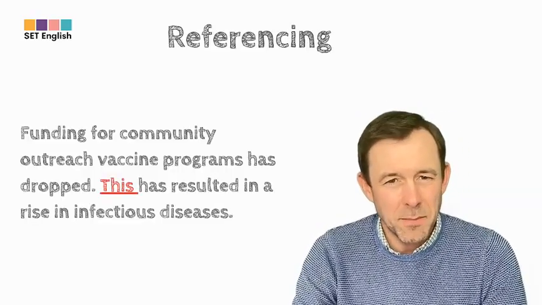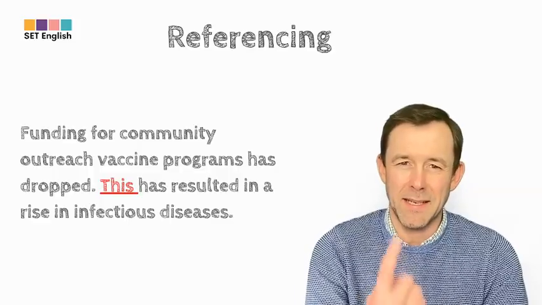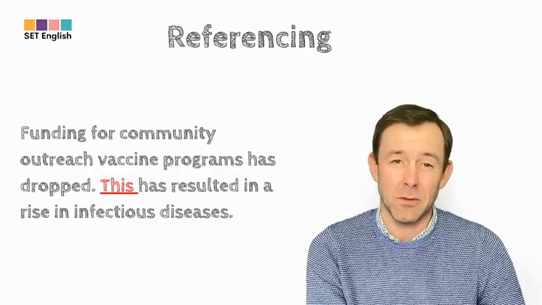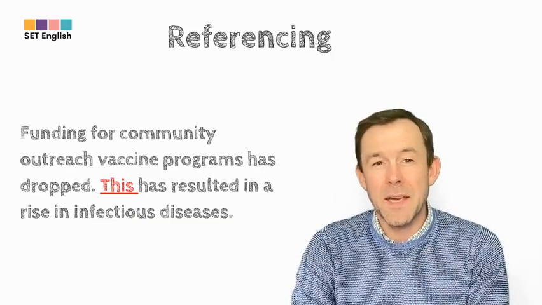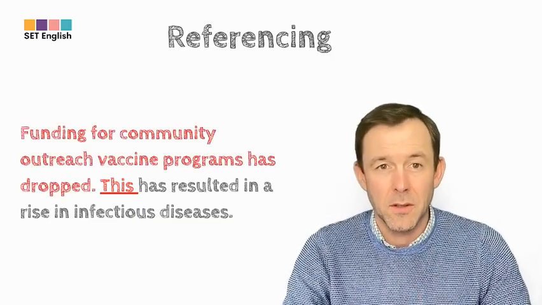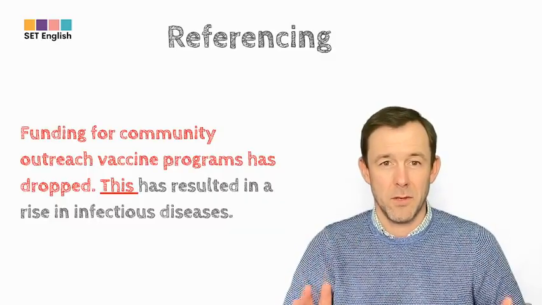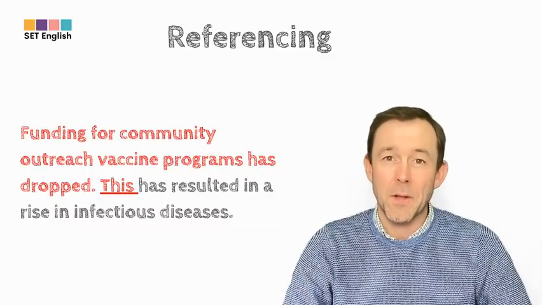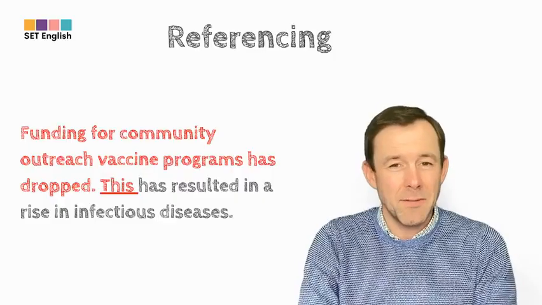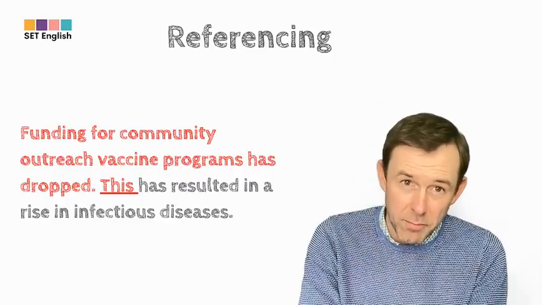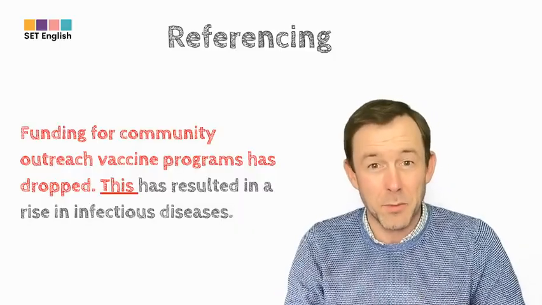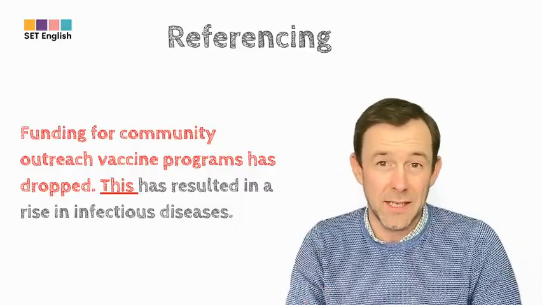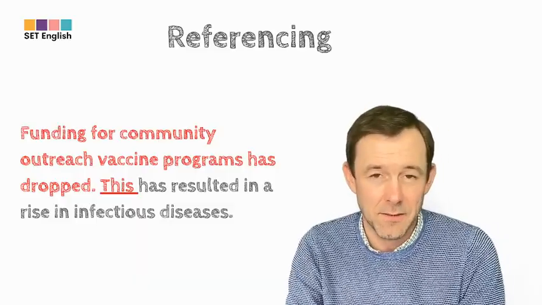Now, what does this mean? Remember in the previous one we had it and it meant my ankle. But in this case, what we've got is this referring to all of the previous sentence, the whole idea. Because if you think about it, it is a drop in funding for community outreach vaccine programs that has caused a rise in infectious diseases.